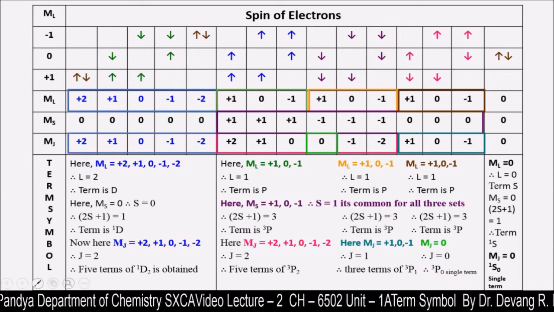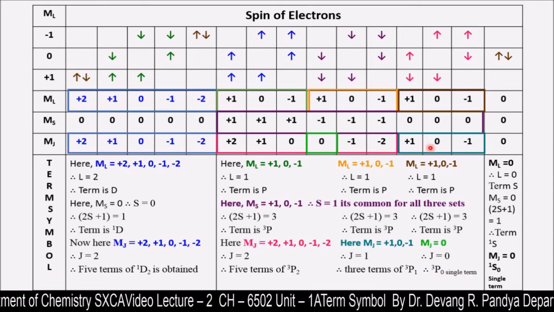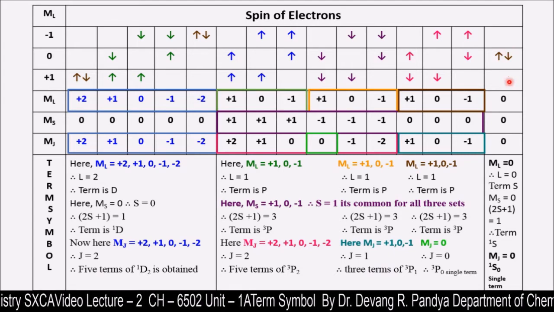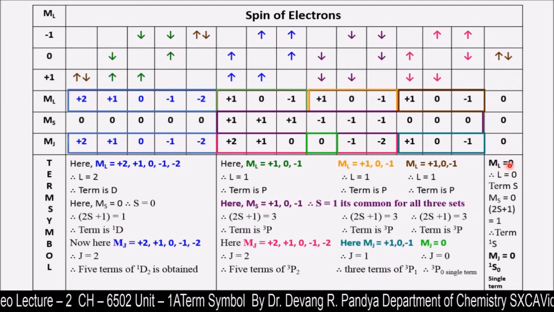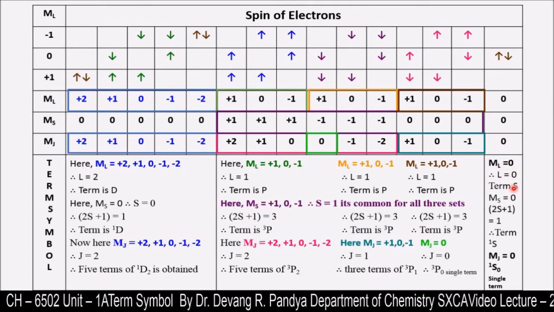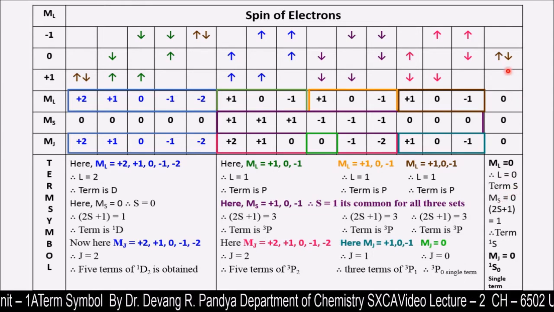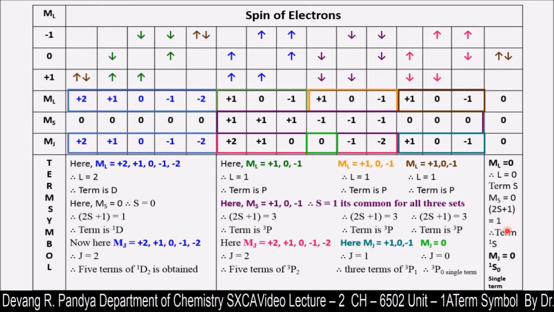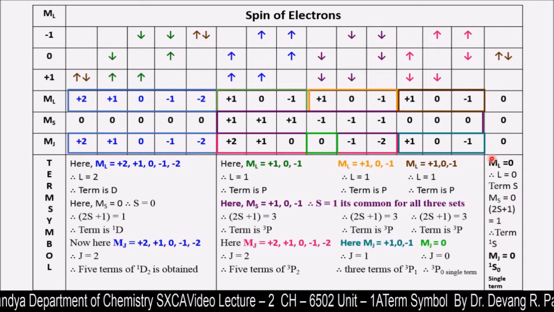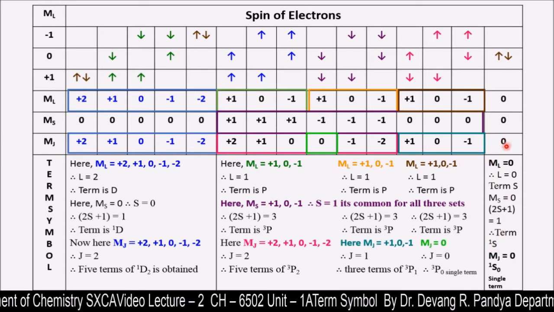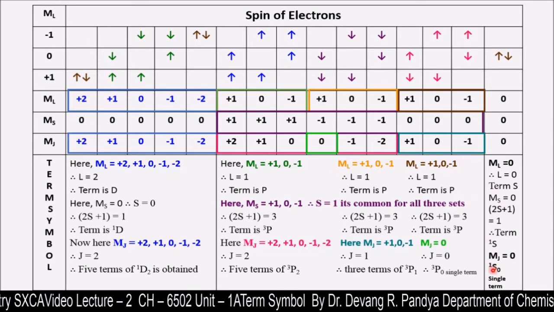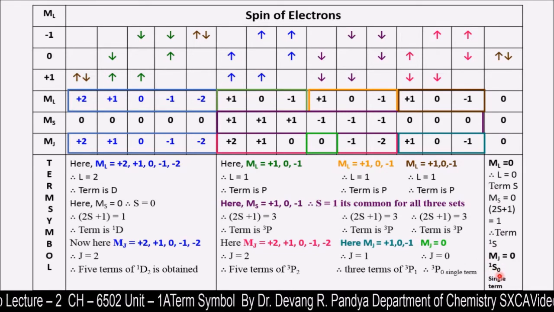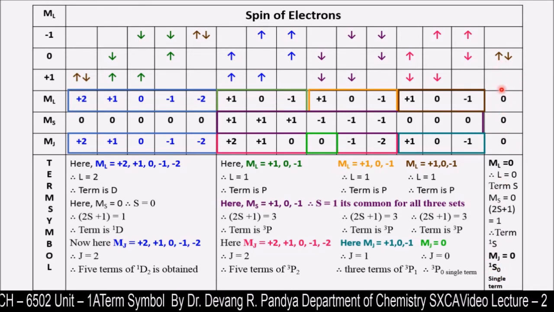So when we do the calculation, let me arrange this last set as well. For that, M subscript L is 0, so L is equal to 0, term is S, M subscript S, anti-parallel arrangement, spin is 0, it is singlet, and therefore term is singlet S. And for M subscript J value 0, so it is singlet S0, and it is assigned to a single microstate only.